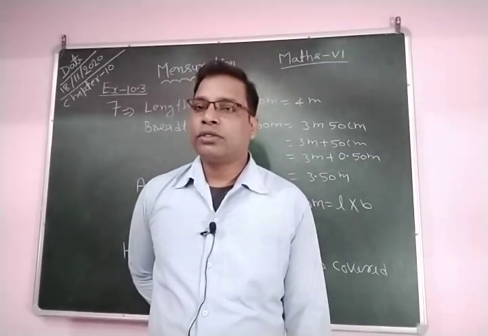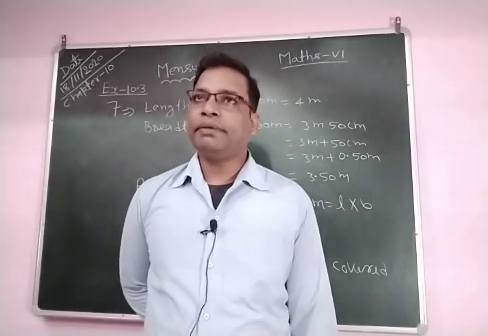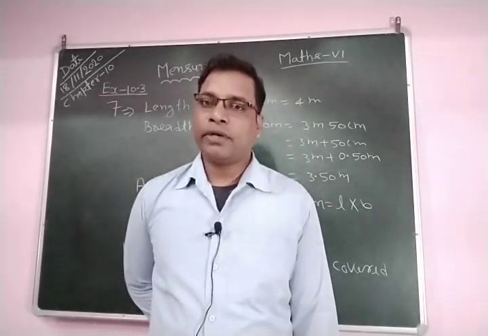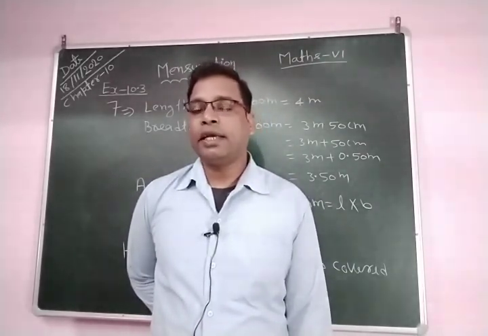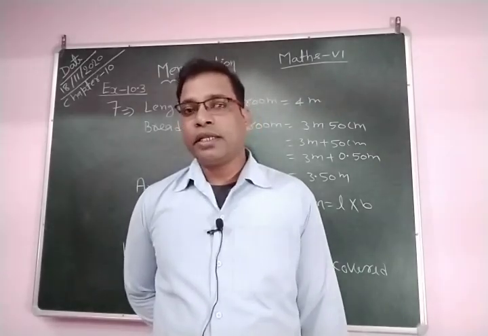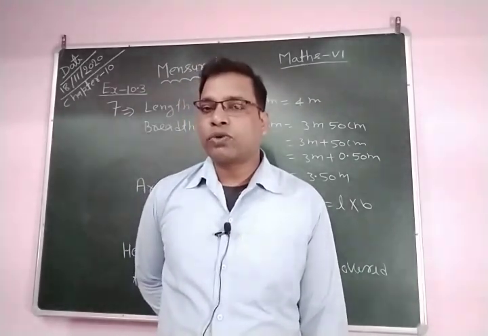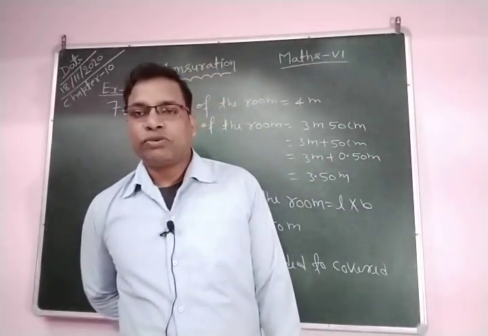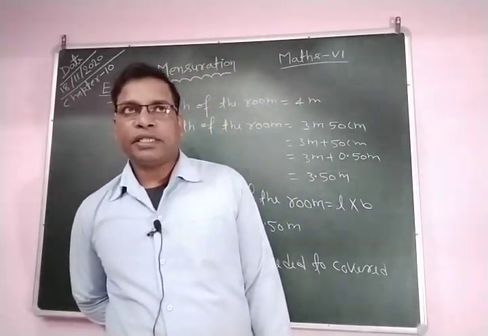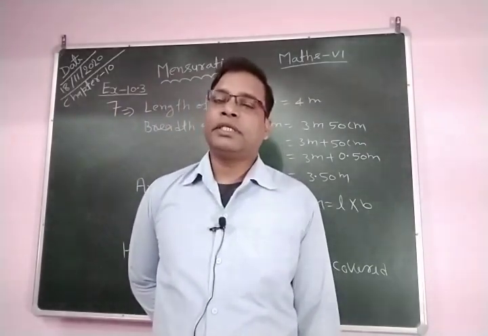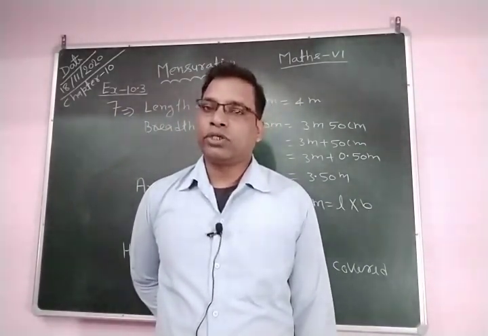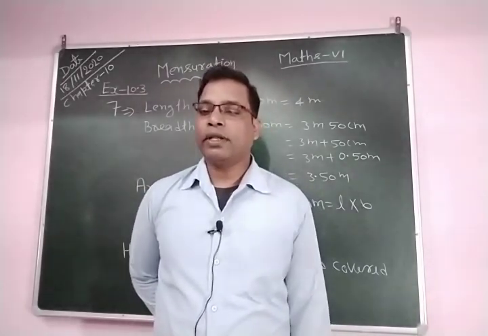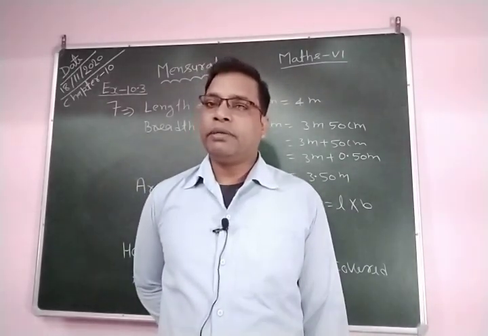This is given. So we first need to find the area of the floor of the room and the area of the carpet, because the carpet is the shape of a square. So the area of the square carpet is side into side, given 3 meters, so 3 into 3, 9 meter squares, but the area of the floor is 4 into 5, okay, it becomes 20 meter square.